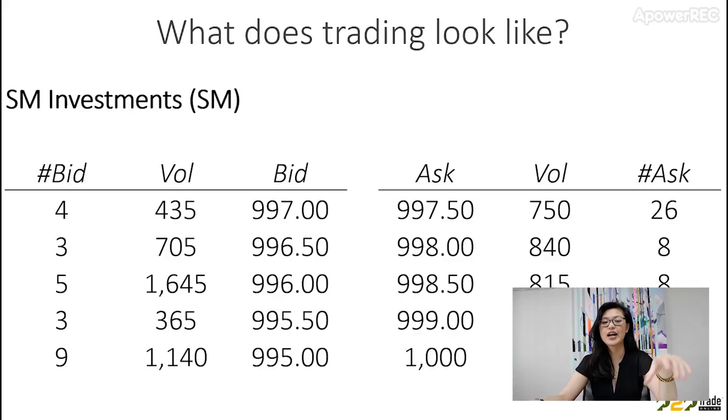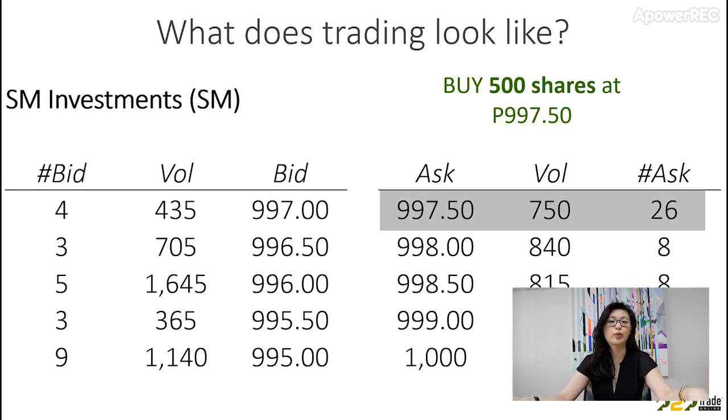So, sabihin natin you want to buy shares of SM right now, tapos ito yung bid-ask table niya. What price can you buy SM at? The answer is 997.5. So, if you input in your platform, buying SM 500 shares at 997.5, what happens is this.